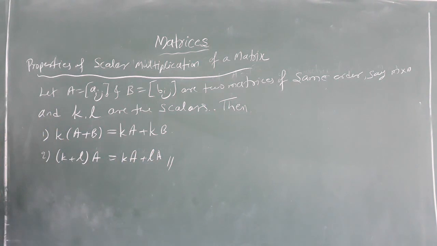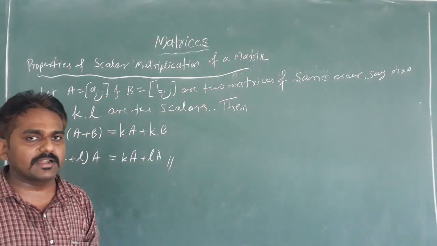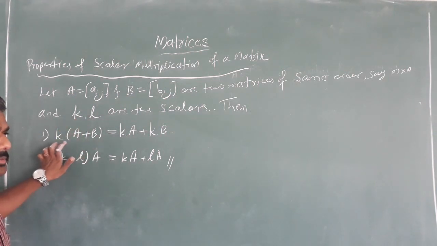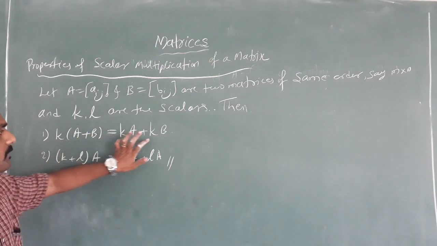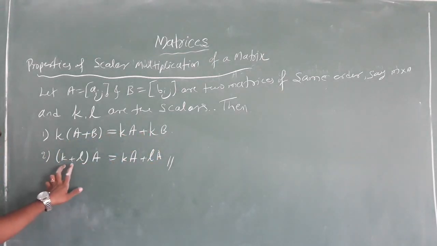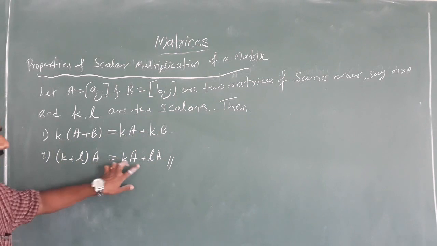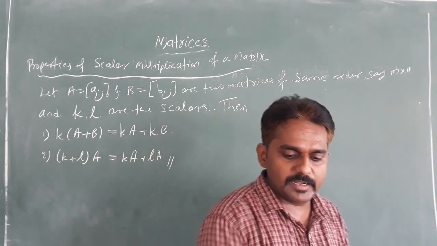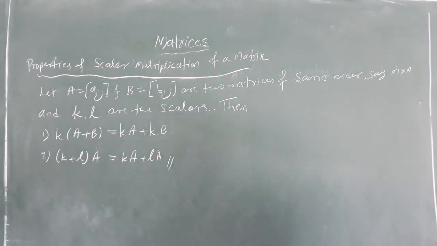These are the two properties of the scalar multiplication of a matrix. A and B are two matrices of the same order, and we have the two scalars k and l. If k into bracket A plus B, I will get kA plus kB. If k plus l of A, that is kA plus lA. This is the scalar multiplication of a matrix.